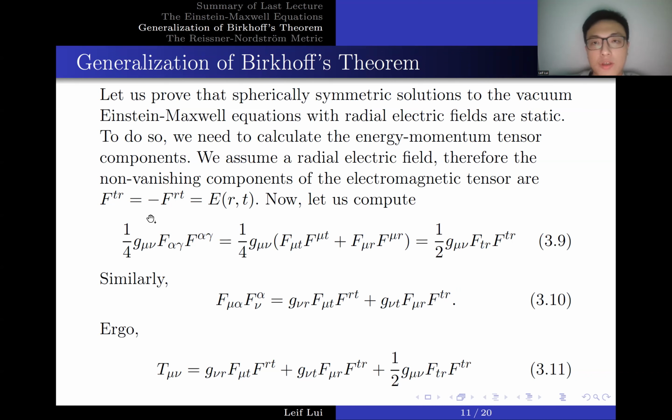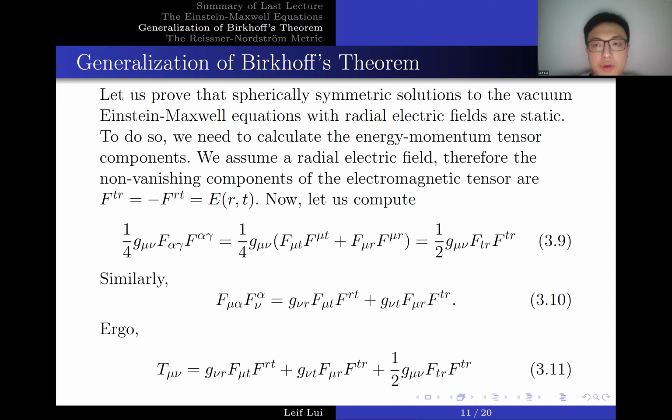In other words, the Faraday tensor is anti-symmetric. So if we set the F_tr term to be some electric field that is only dependent on the radial coordinate and the time coordinate, then this is a radial electric field.